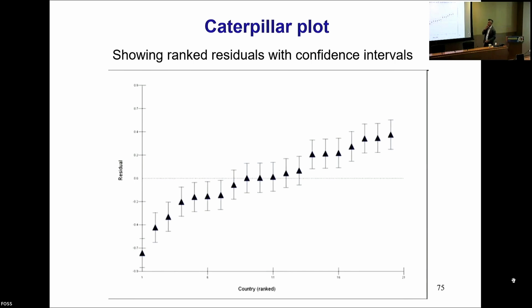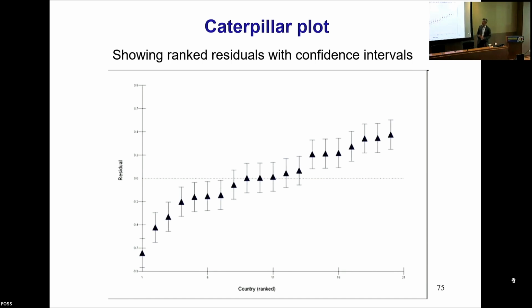The other thing we get from multi-level models are caterpillar plots. So these caterpillar plots tell us how the residuals are distributed for each unit of our level 2, whether it's country, or if our level 2 is schools or classes. And it ranks them from the lowest residual to the highest residual.